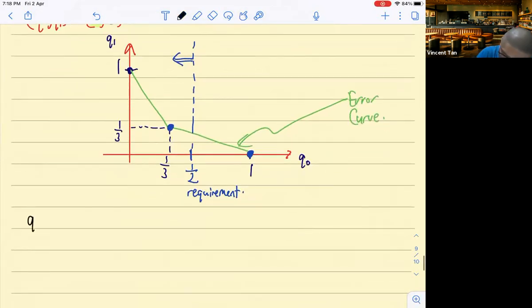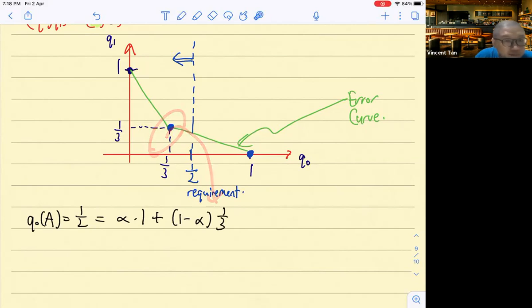So our requirement is that Q0 is equal to 1/2. So I'm going to consider alpha fraction of the time I'm going to use this test here, that gives 1, plus 1 minus alpha fraction of the time I'm going to use the ML rule, which gives 1/3.